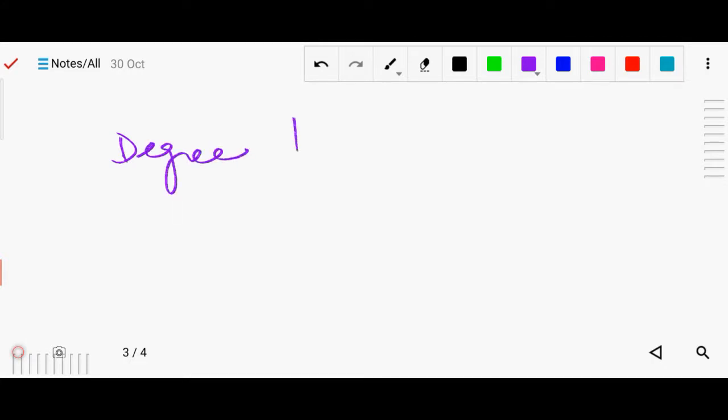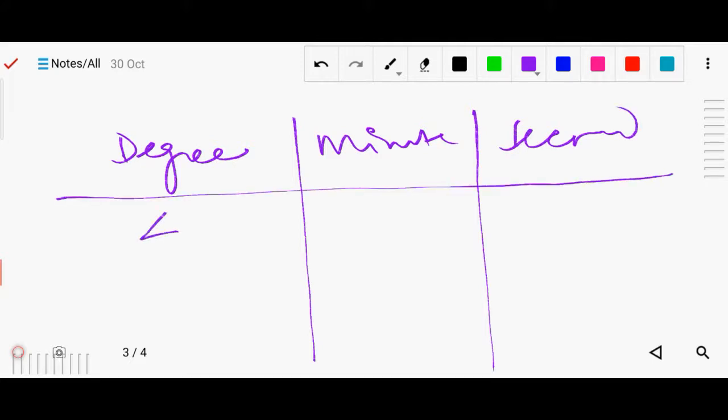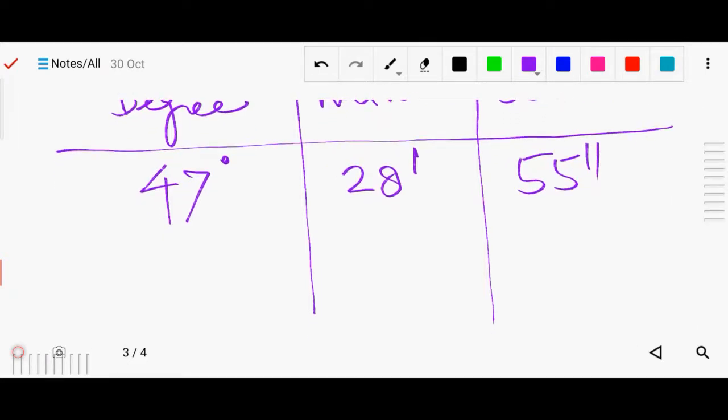This side we will write the degrees, here the minutes, and this side the seconds. First 47 degrees, 28 minutes, 55 seconds, and the second one is 27 degrees, 35 minutes and 49 seconds.